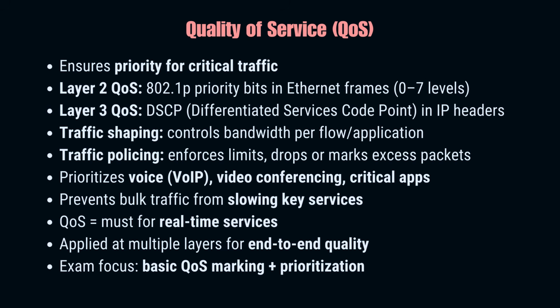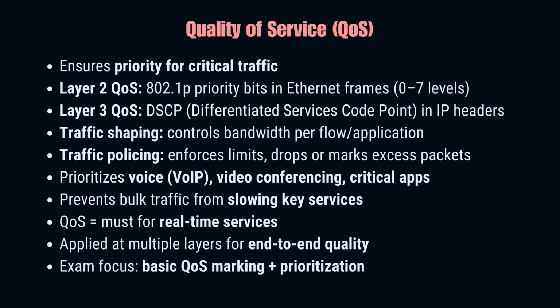Quality of service operates across multiple OSI layers to prioritize network traffic and ensure adequate performance for critical applications. Layer 2 QoS uses 802.1p priority bits in Ethernet frames to mark traffic importance, with values 0 through 7 indicating increasing priority levels for local network prioritization.